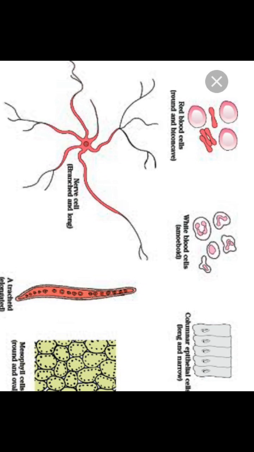Next, white blood cells have a specific structure called amoeboid structure, because they do not have a particular structure like amoeba, so they are called amoeboid structured cells. Next, round and biconcave shaped structures are RBC, first diagram, red blood cells. So these are all the different shapes of the cells.